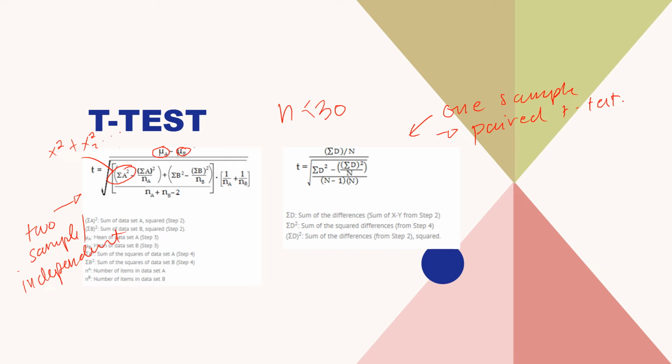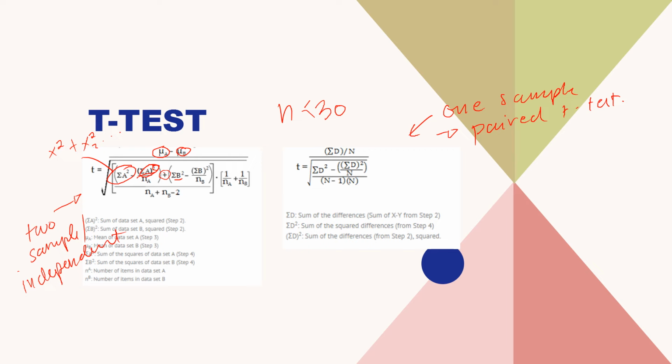Next, this is minus the summation of A, or all the observations in group A, and then squared divided by the sample size. Plus, same thing, the sum of squares of set B minus the sum of all observations of set B squared divided by the number of observations.